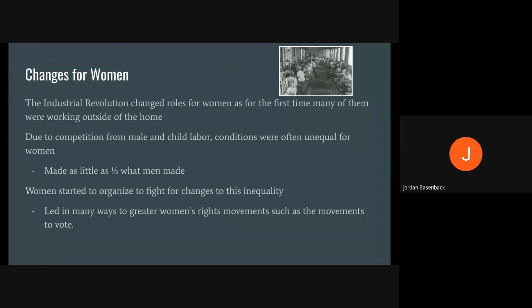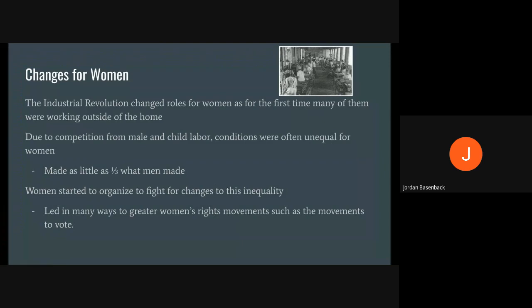And on top of that, because things were so unequal, and because women were seen as less valuable in the workplace than men or even children, oftentimes women started to organize to fight for changes to this inequality. And we started to see the rise of women's rights movements, as we talked about with the French Revolution just last unit.